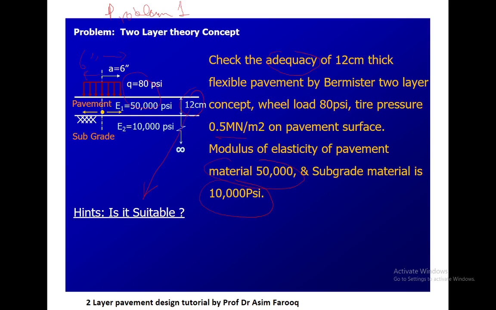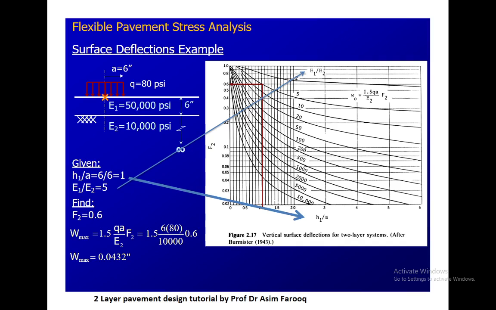The very first step is to determine h1 by a. h1 is already given as 6 inches, and a is also given, so it comes to 1. We also want to determine the Young modulus comparison from the E1 and E2 figure. It comes to 50,000 psi divided by 10,000, which is almost equal to 5. So from that specific figure, we will consider all those parameters.